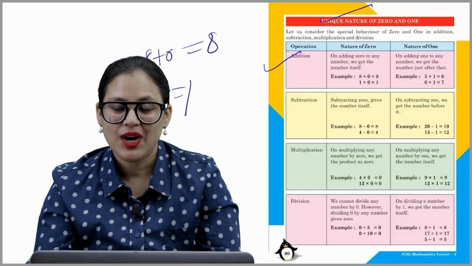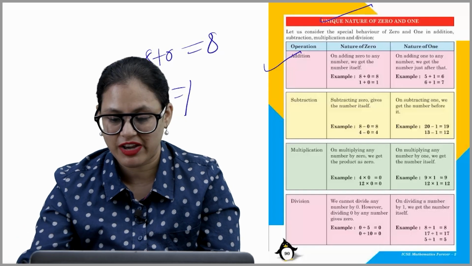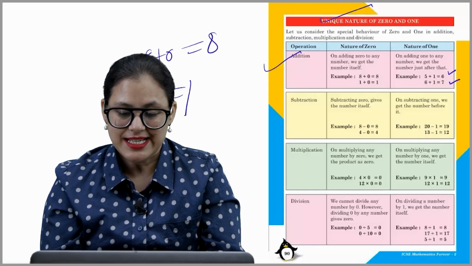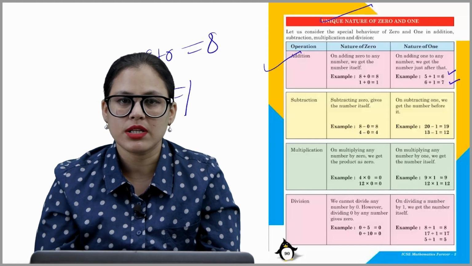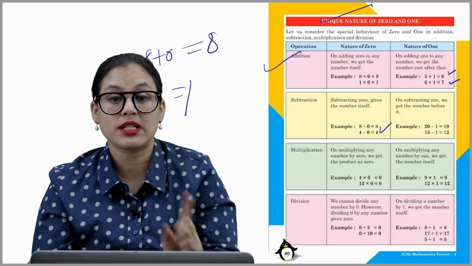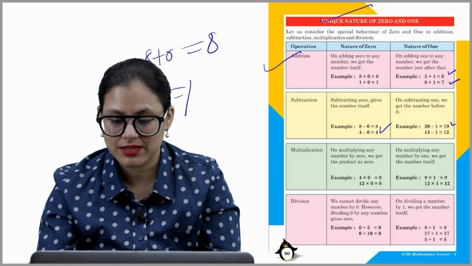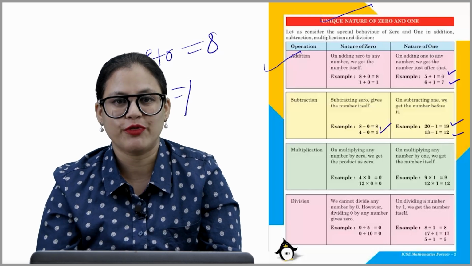And nature of 1, on adding 1 to any number, we get the number just after that. Means 5 plus 1 is 6, 6 plus 1 is 7.